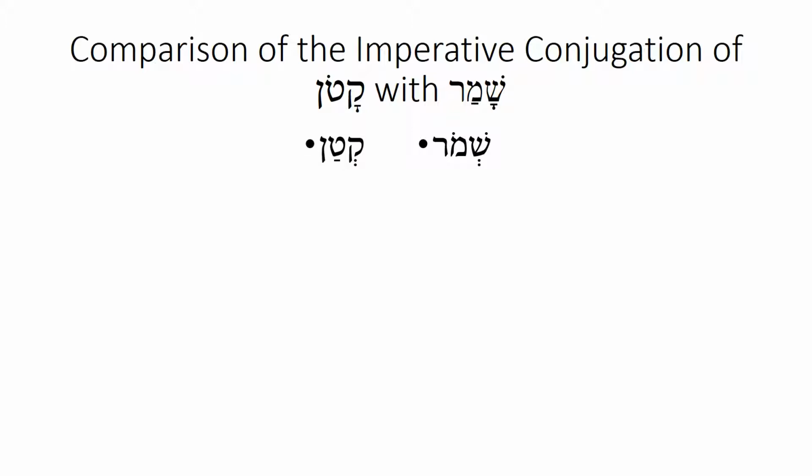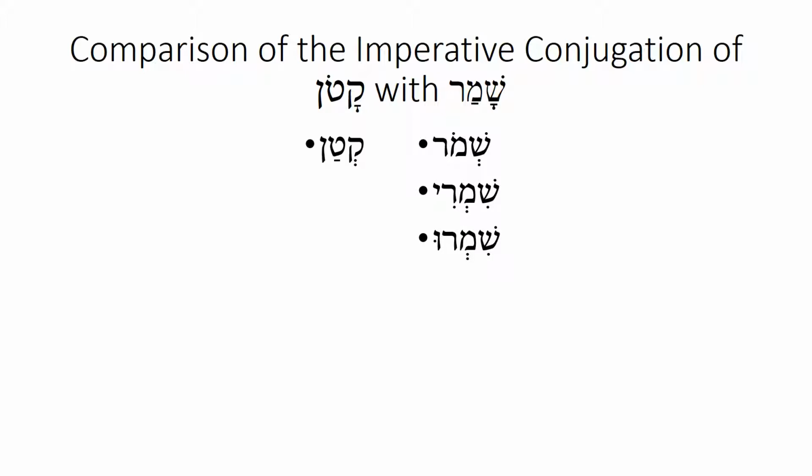But when we go to the O-class stative verb, we end up with ketan as the second person masculine singular imperative form. And just like has happened in the imperfect, in the imperative, the second stem vowel has shifted from an O-class vowel to an A-class vowel, patach.